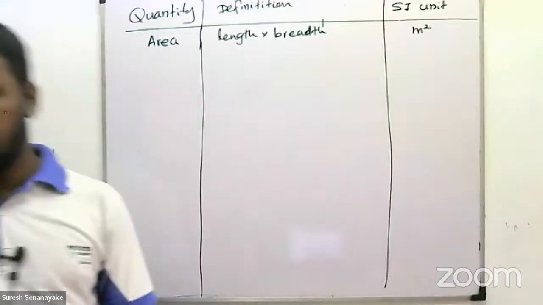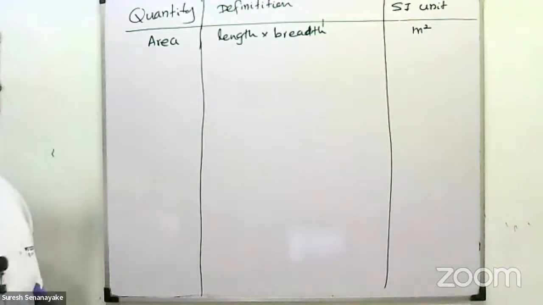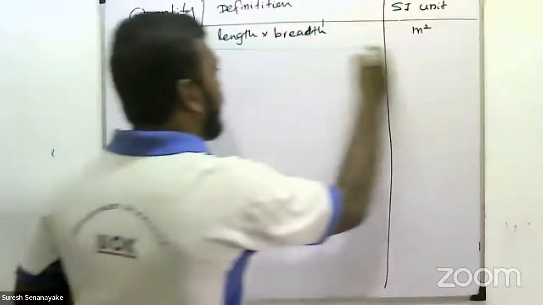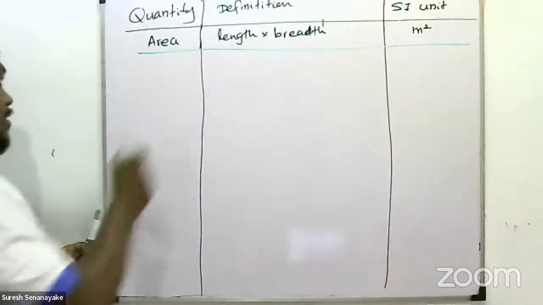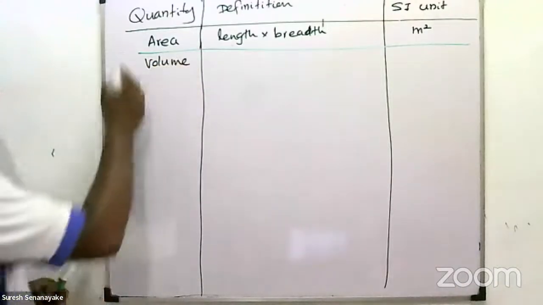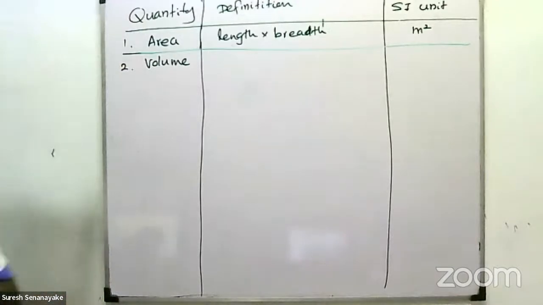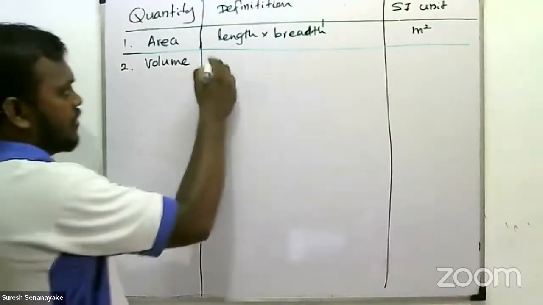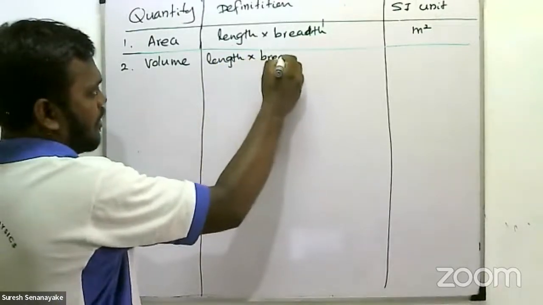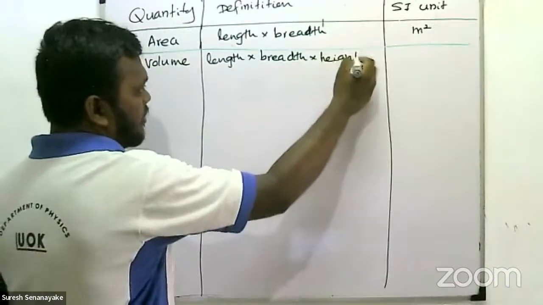Right. Then the second one is volume. Volume is the length, breadth, and the height. Length into breadth into height.